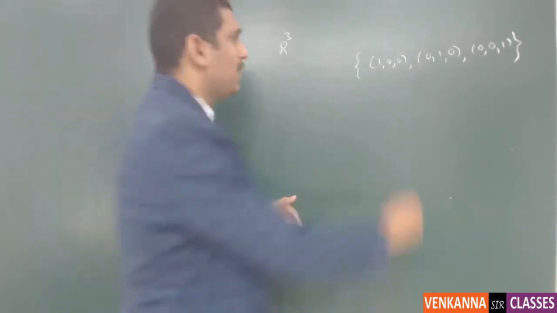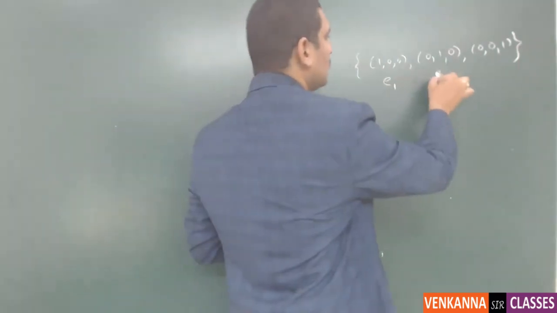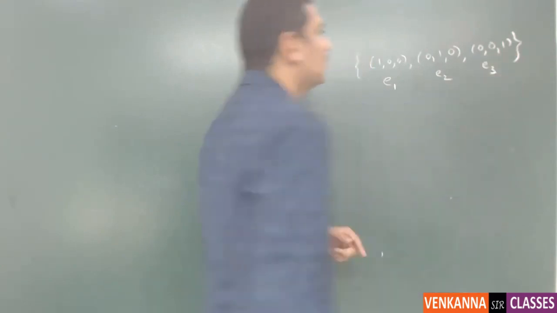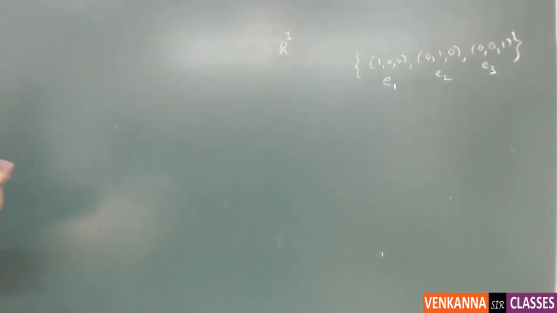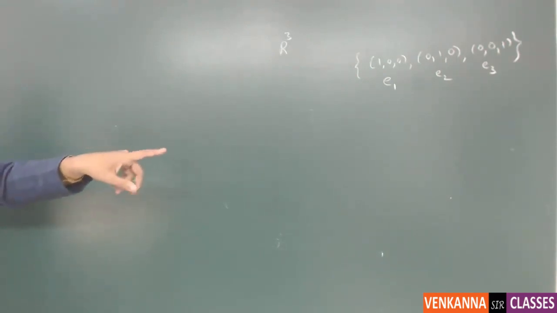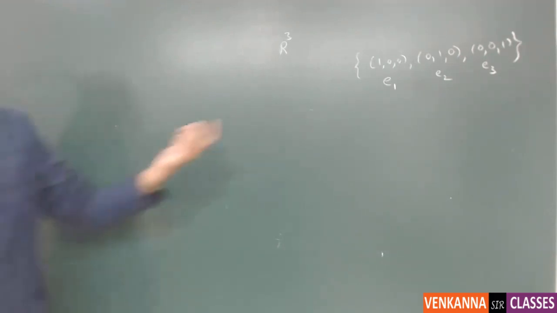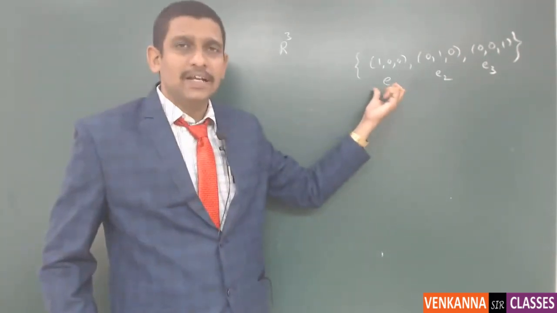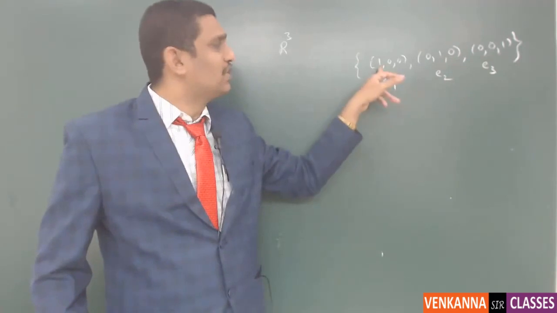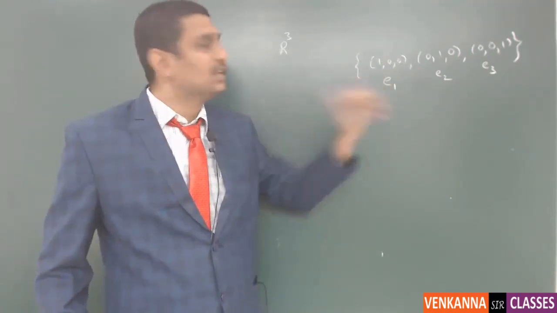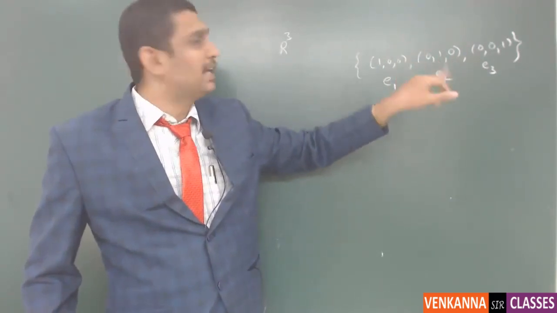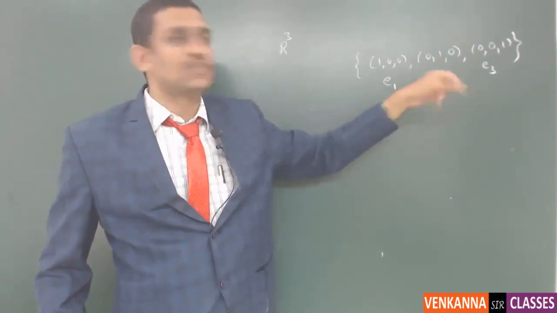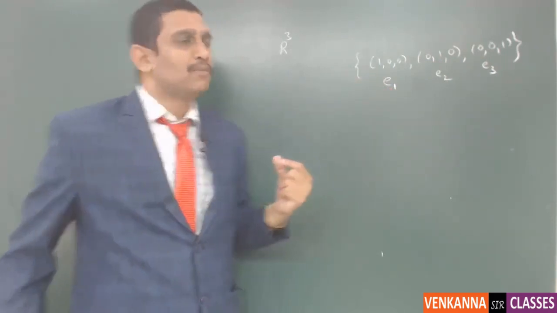Symbolically, we write them as E1, E2, E3. In general, E1, E2, E3 indicate the vectors in the standard basis for the real vector spaces. The suffix value indicates that 1 is in that position and the remaining are zeros. If I write E2, 2 indicates that 1 is in the second position and the remaining are zeros. This is the actual notation.